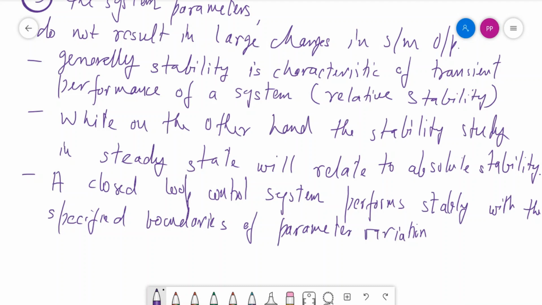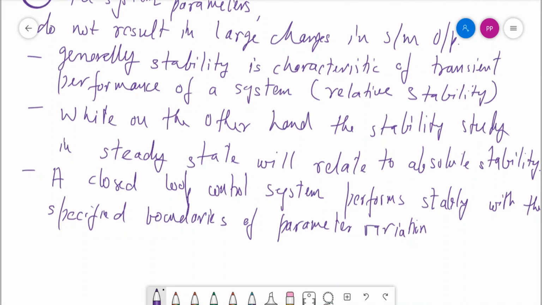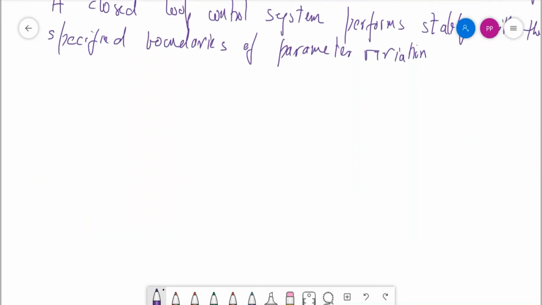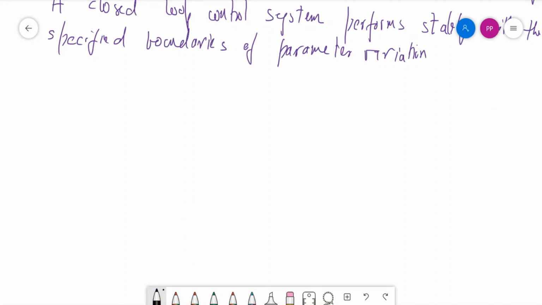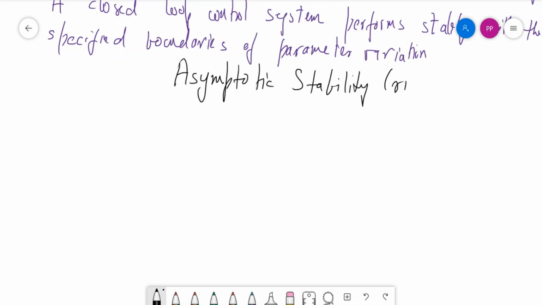So let us go for it. I write here asymptotic stability criteria.